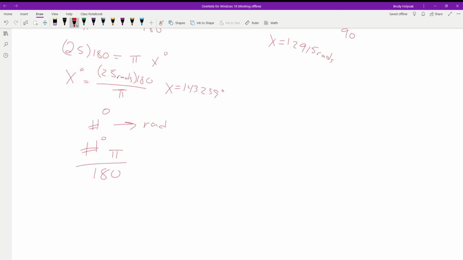If we want to go from radians to degrees, we're going to take the number of radians times 180 and divide it by pi. So there's our conversions.